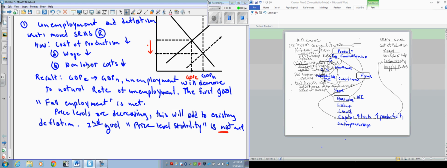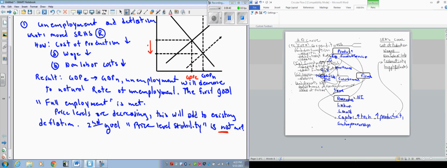But remember that when you do the third and fourth, or when you do all three of them, the only two things that you will address are wages and non-labor costs. Do not talk about productivity and don't talk about supply shocks, because that is not a classical response to a problem. So this is the only one I'm going to do.